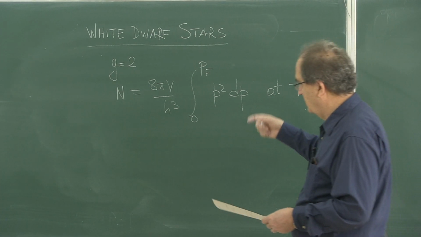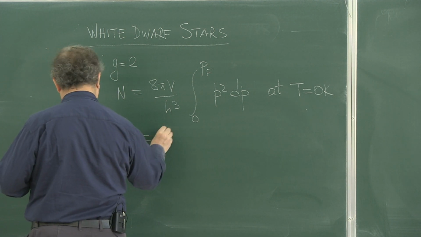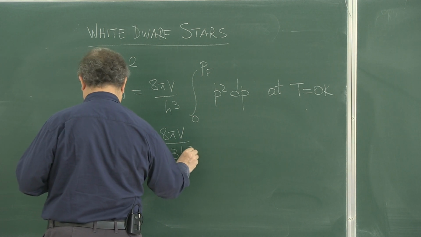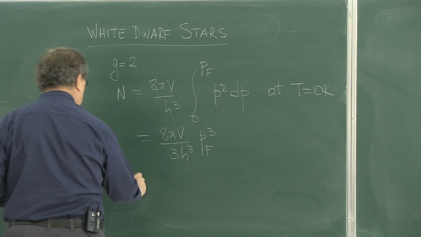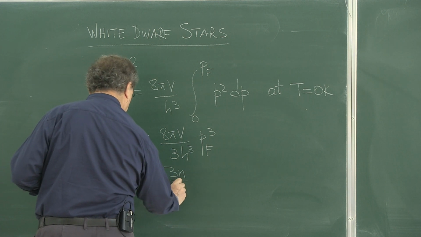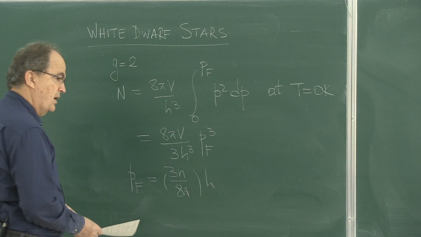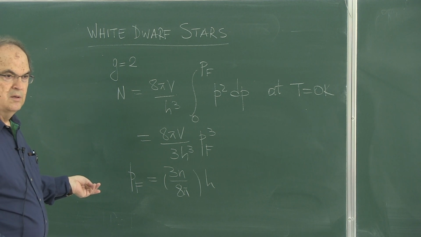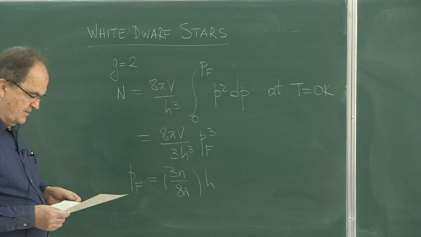So you can integrate up to the Fermi momentum. That gives you 8πV/3h³ p_F³, and p_F is (3N/8πV)^(1/3) h. I have already used this. Do you remember, for the electron gas?